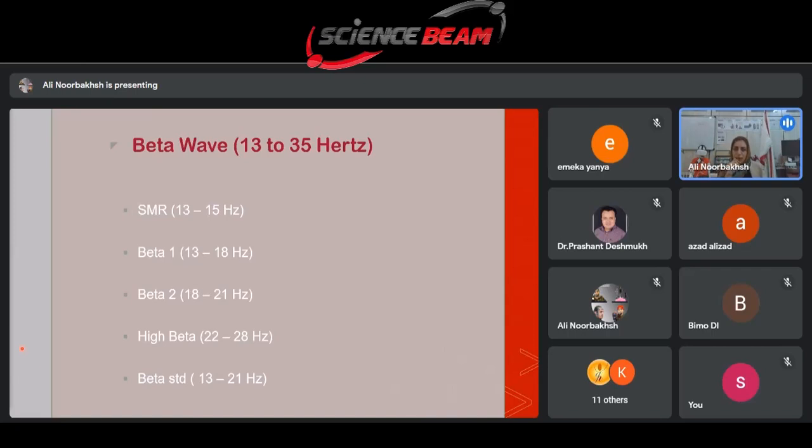And maybe you can see beta standard is between 13 and 21 hertz. In some sources, you can see beta standard.